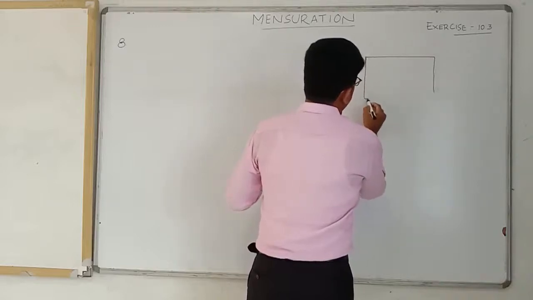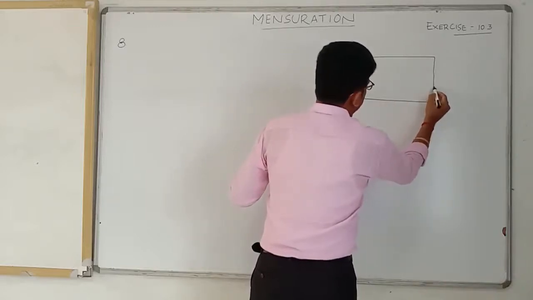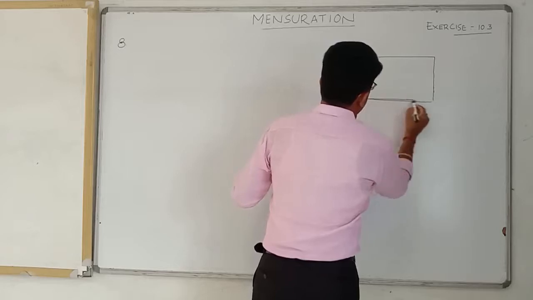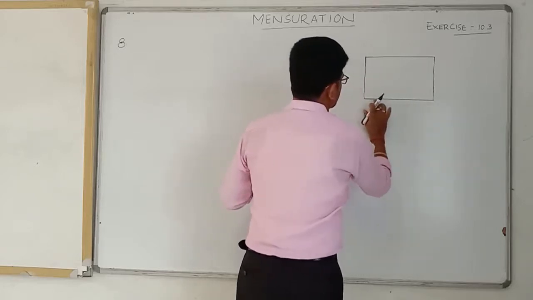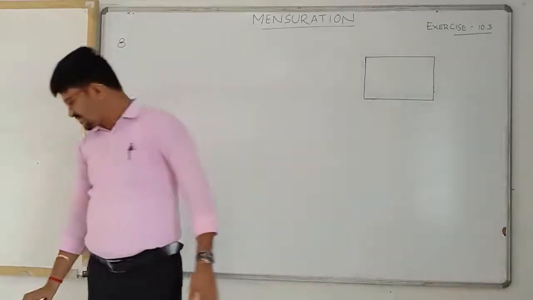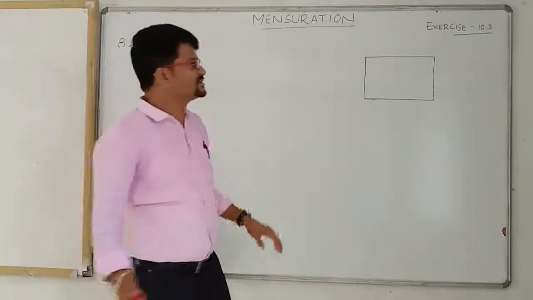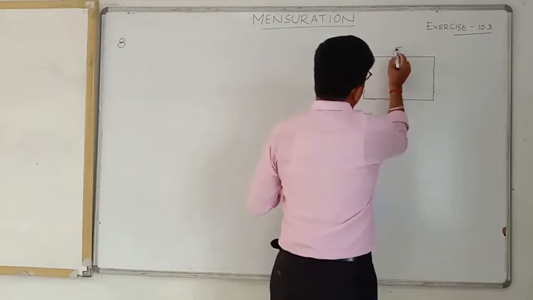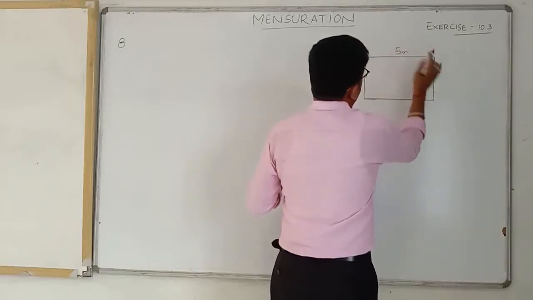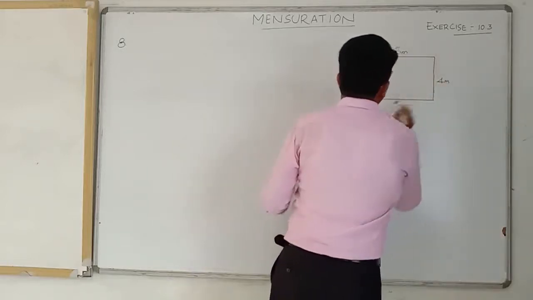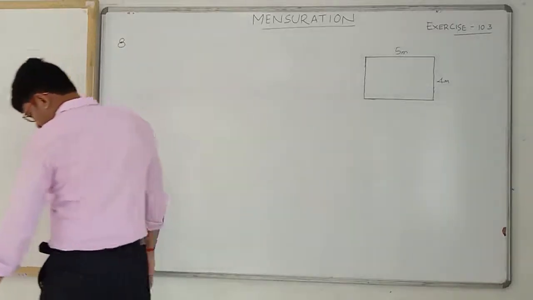Okay, children. This is the rectangular room. What are the measurements of this rectangular room? This is 5 meters long and this is 4 meters wide.